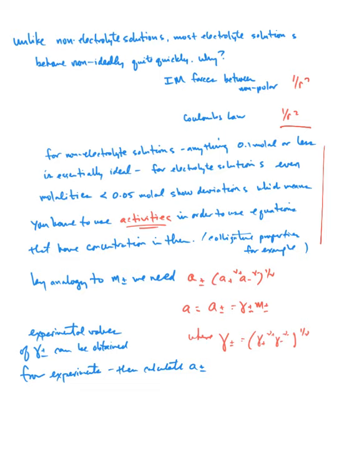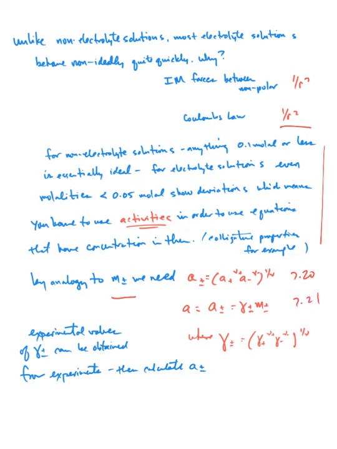So by analogy with the mean ionic molality from the previous page, we're going to do mean ionic activity. The mean ionic activity is represented by equations 7.20, 7.21, and 7.22 in your text.